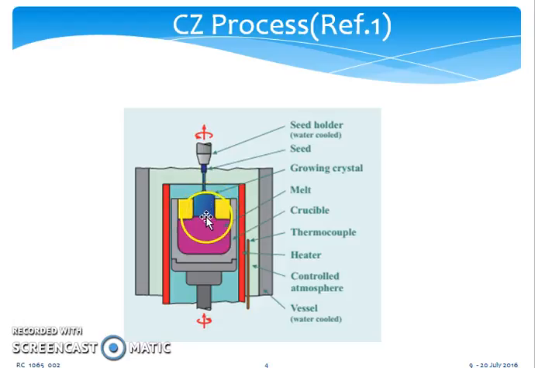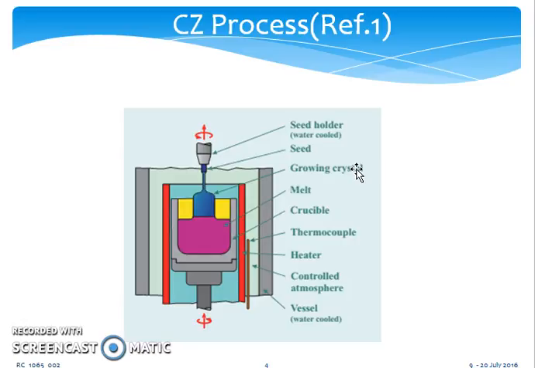Correct? So gradually this seed is pulled up till the whole of the melt has been solidified. Now whatever you see here is named the growing crystal. We also call it an ingot. And the ingot that we have obtained is crystalline. The atomic arrangement is crystalline, which is used to manufacture silicon devices.